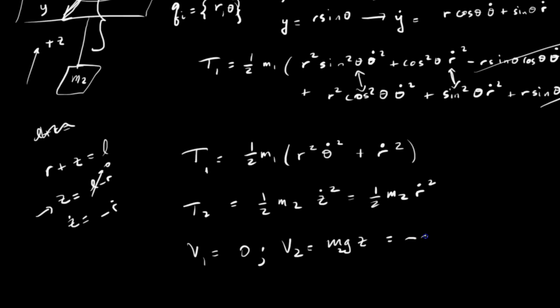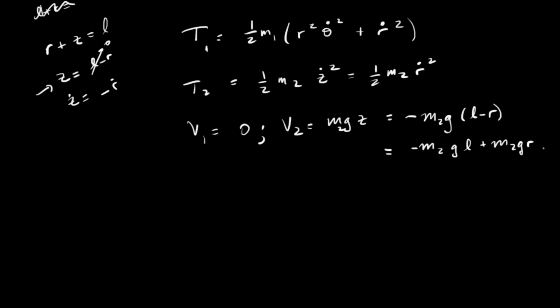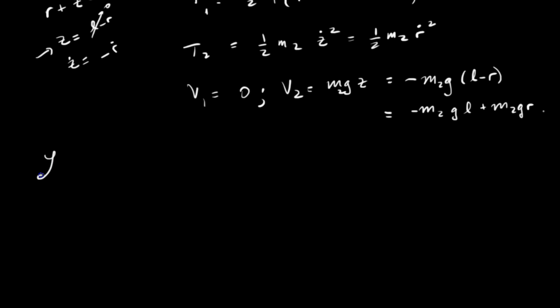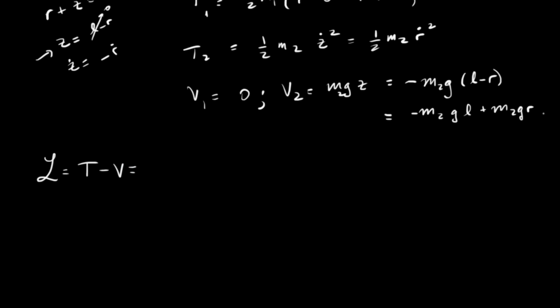So minus m2g times (L minus r), which is equal to minus m2gL plus m2gr. Okay, very simple. And now we construct the Lagrangian, which is T minus V. What is it going to be?